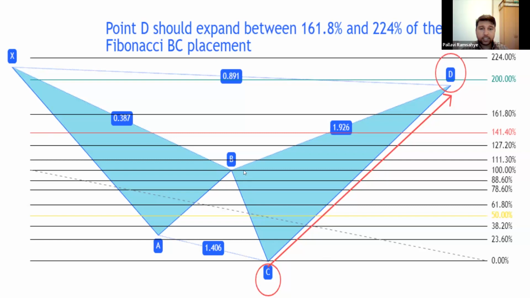But again, if you're using the retracement tool, you only need to place it from B to C and hit reverse on the settings tool, okay? And then what we're looking for price to fall between 161.8%, so right here, and 224% right there, okay? So price did almost between, exactly in between both of them.